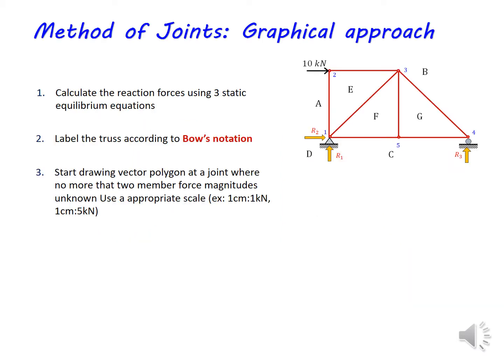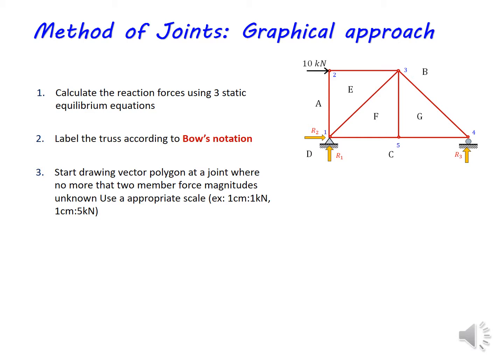Now the third step is to start drawing vector polygons for joints. When selecting a joint, the maximum number of unknown forces at that joint should be 2.